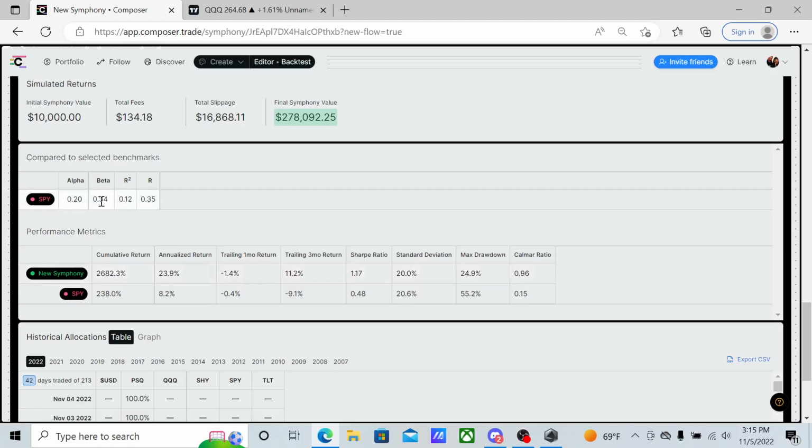The beta is 0.34, so it's roughly about 34% correlated to the S&P 500, obviously because we're buying the S&P 500 when it's above its 200 days. So at that point, we're trading right alongside the S&P 500.